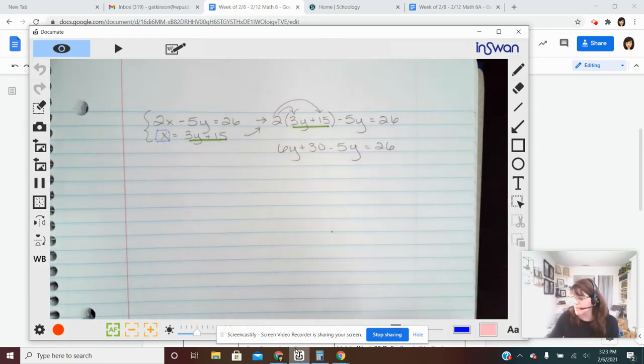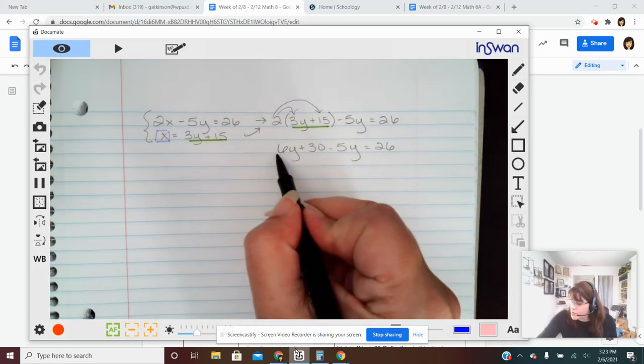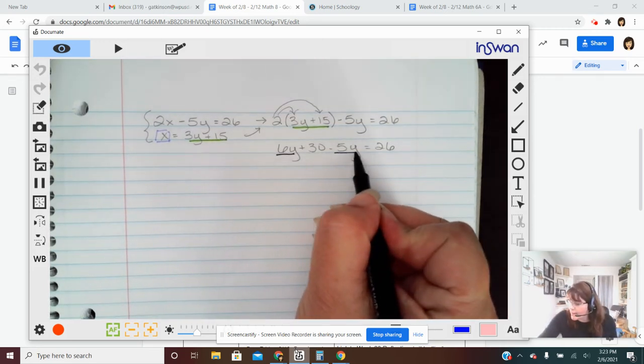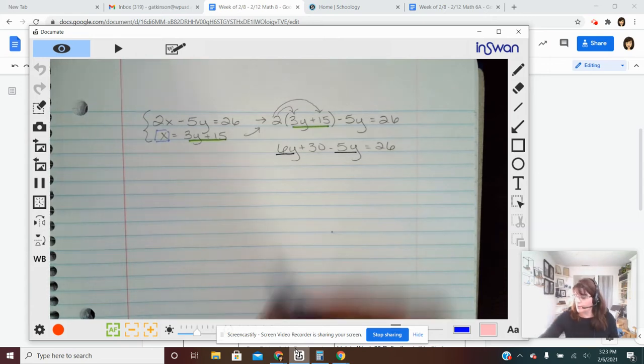equals 26. Now, my next step that I like to do most is to combine like terms. So here I have 6y and negative 5y. 6 yo-yos minus 5 yo-yos. All I have left is a yo-yo.